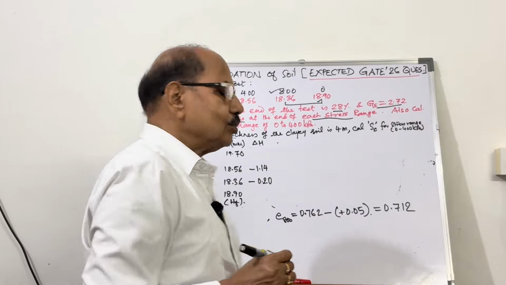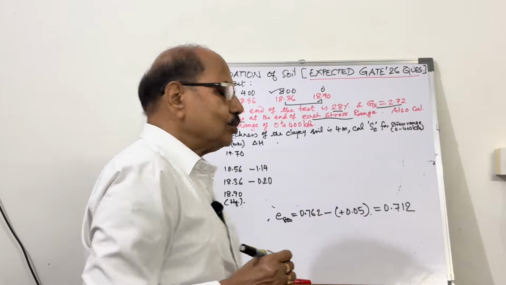So that is 0.762 at 800. The value of E at 800 is going to be 0.712 because 0.762 minus this 0.050 gives you 0.712.